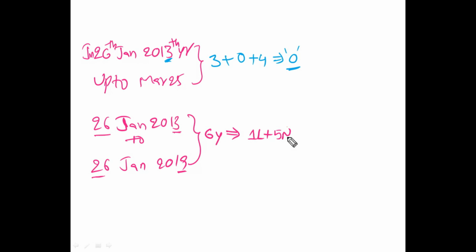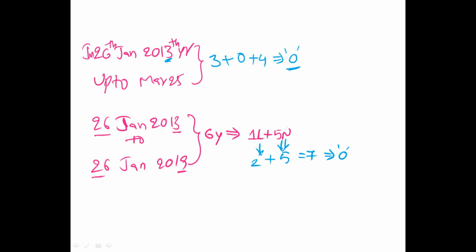One leap year consists of how many odd days? 2 odd days. 5 normal years consists of how many odd days? 5 ones are 5 odd days. So 2 plus 5 is 7, nothing but 0. In this gap also, there are only 0 odd days.